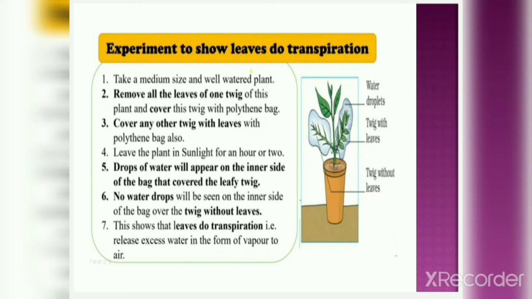Drops of water will appear on the inner side of the bag that covered the leafy twig. No water drops will be seen on the inner side of the bag over the twig without leaves. This shows that leaves do transpiration, that is, release excess water in the form of vapor to the air.